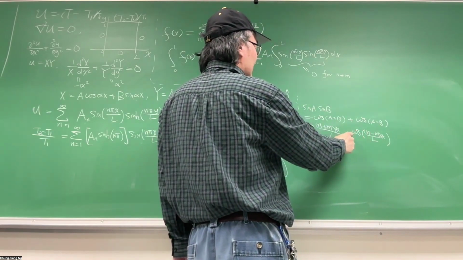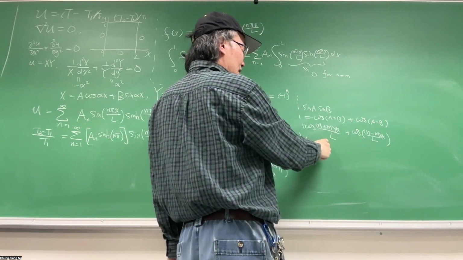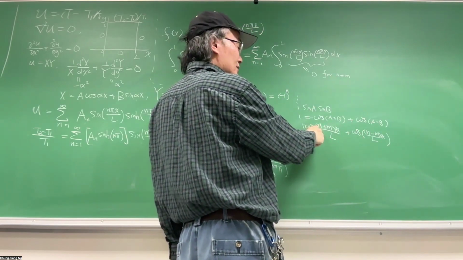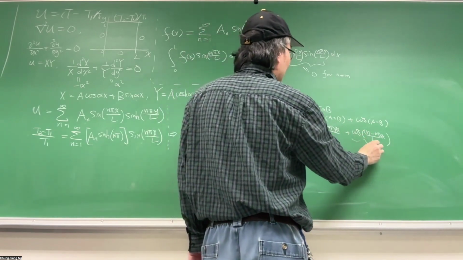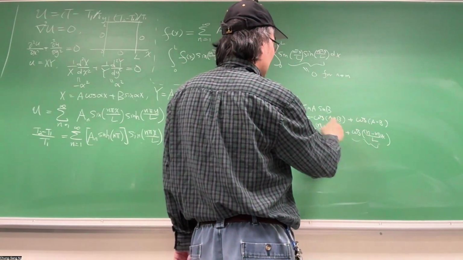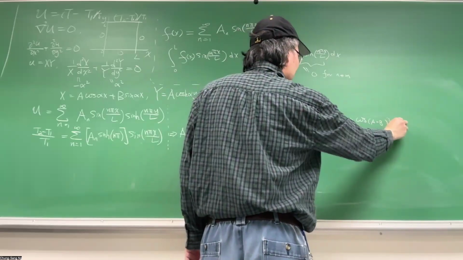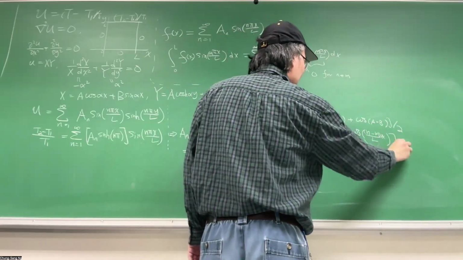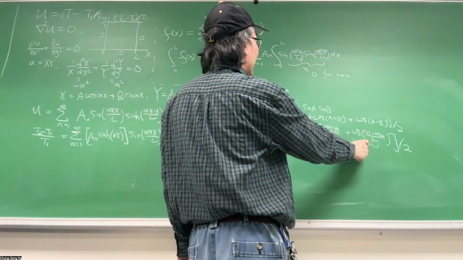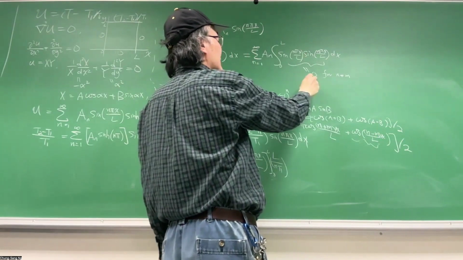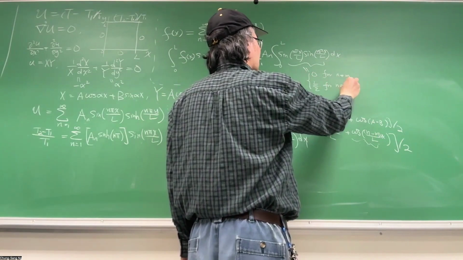The only non-zero case is n equals m. In that case, this term will be 0 and this term will be just 1, because n equals m. And you mentioned this is divided by 2. So this term will give you 1/2, and you integrate over 0 to L, which equals L over 2 for n equals m.